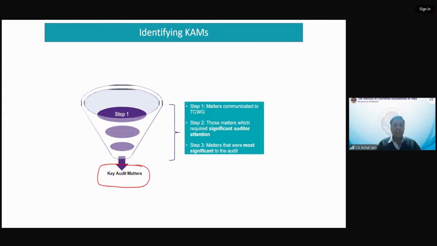Each and everything is available in the form of a format. The components we have discussed, this entire format, is all standardized. Every audit report you will get to see in the same manner.